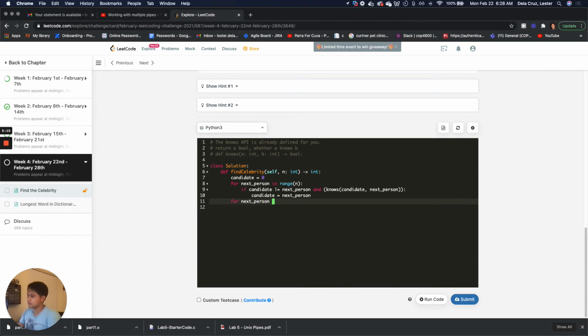So for next person in range n, if candidate doesn't equal next person and candidate knows anybody or not, if candidate knows anybody, they're canceled out.